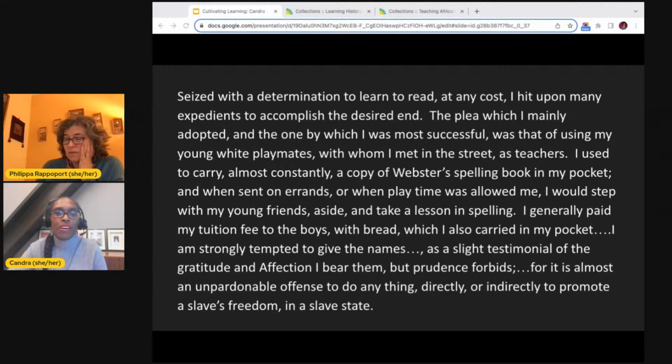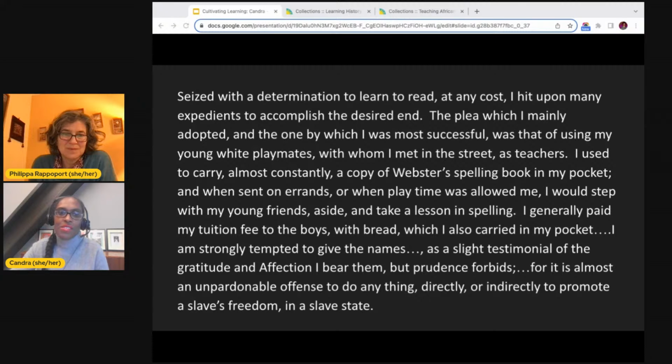A couple of people have called that out. Allie J points out that prudence forbids because teaching someone to read was illegal, or teaching an enslaved person to read was illegal.